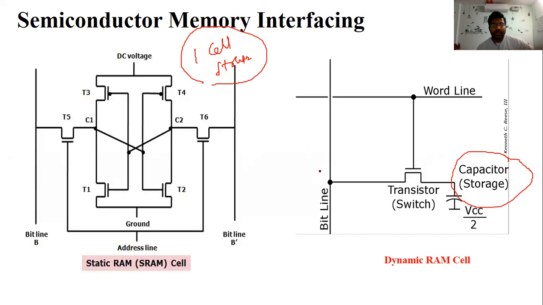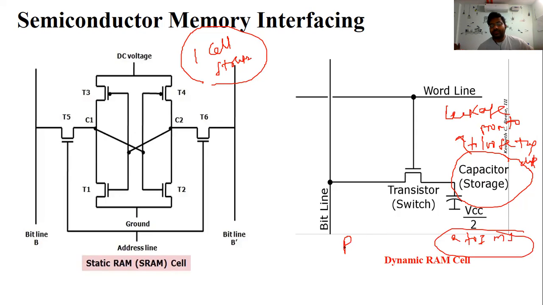Why do we require refreshing? This capacitor has a leakage problem. Leakage problem means losing the data. To avoid losing the data, nearly every 2 to 3 milliseconds we perform one refresh cycle.